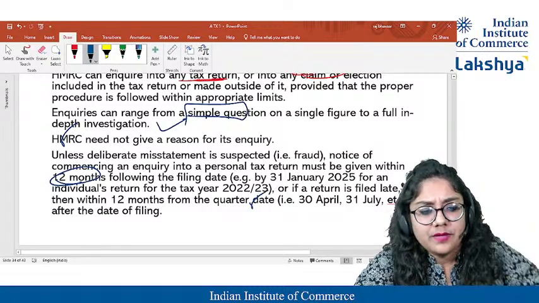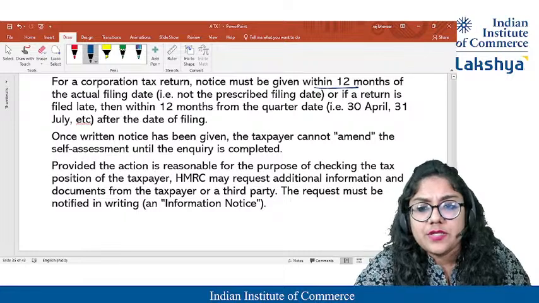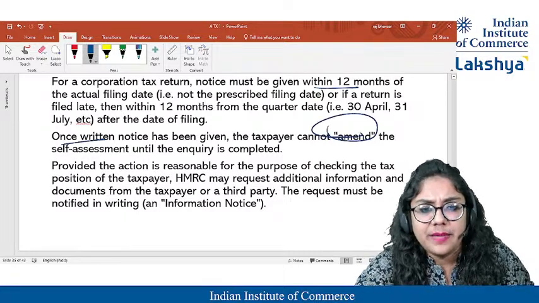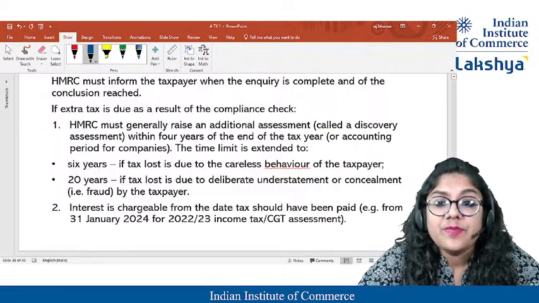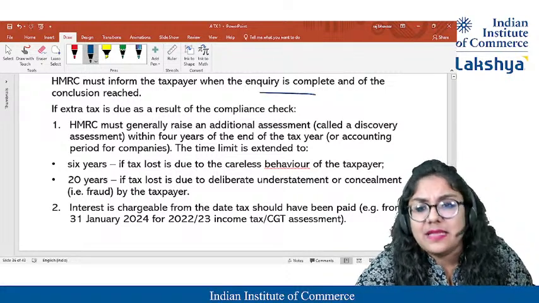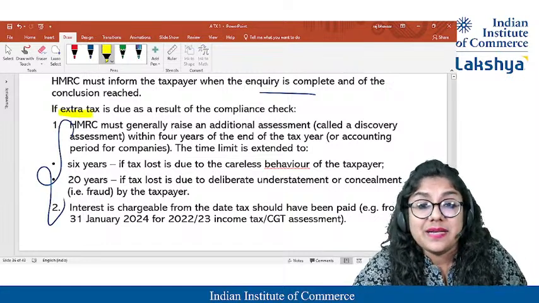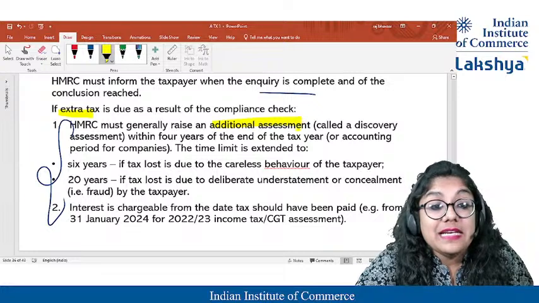Yeah, fine. For corporation tax also we have to give 12 months notice. Other notice we can give for any amendment, or maybe it may not be required. HMRC must inform the taxpayer that when the inquiry is complete, they will come and check it. For example, if extra tax is due, HMRC must generally raise an additional assessment.